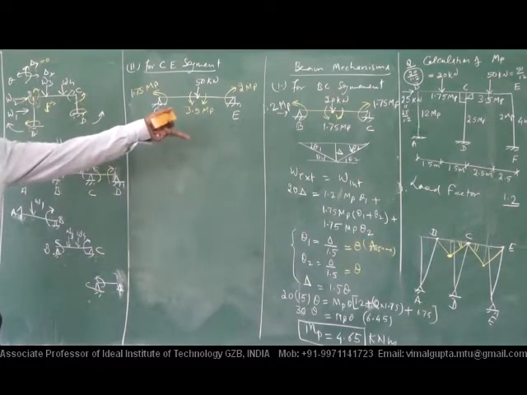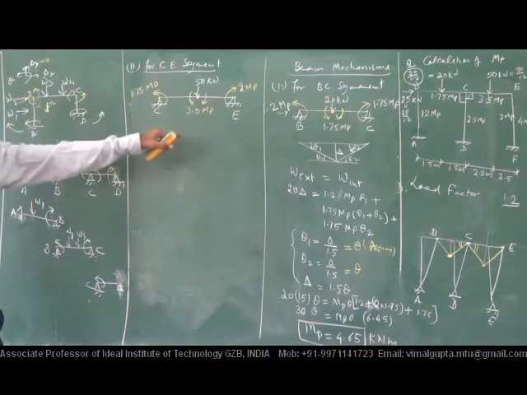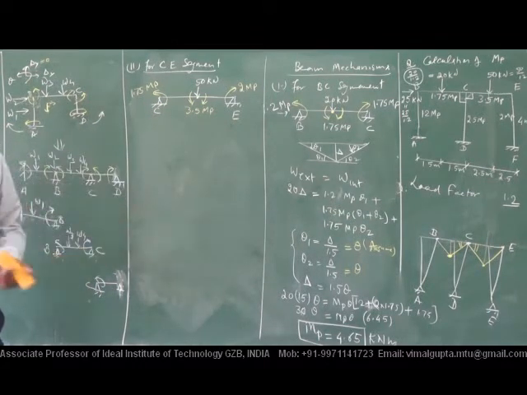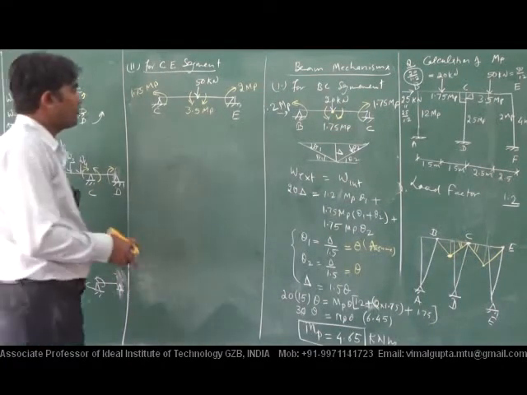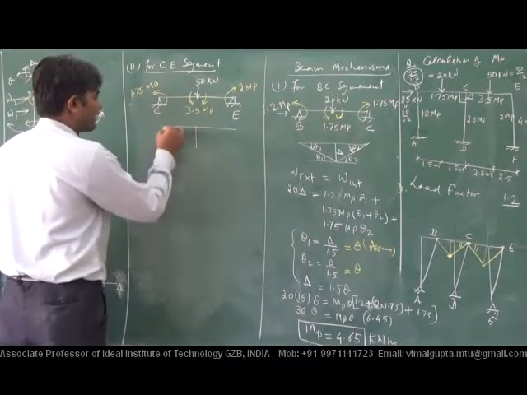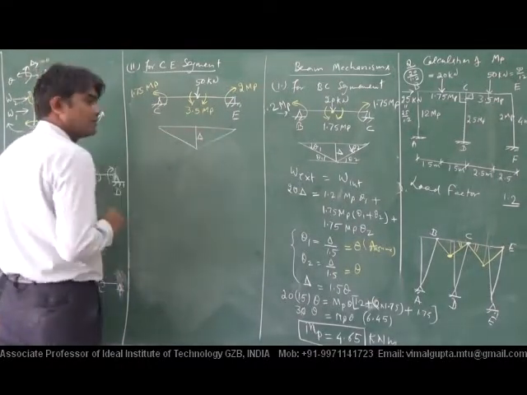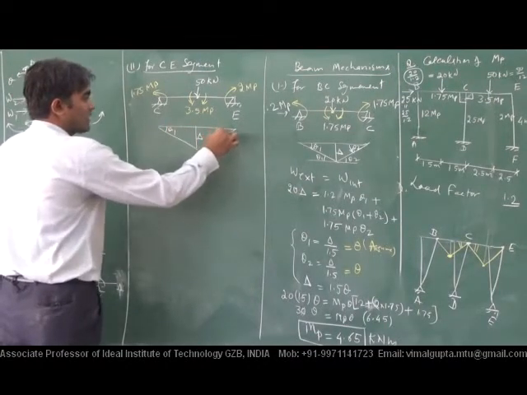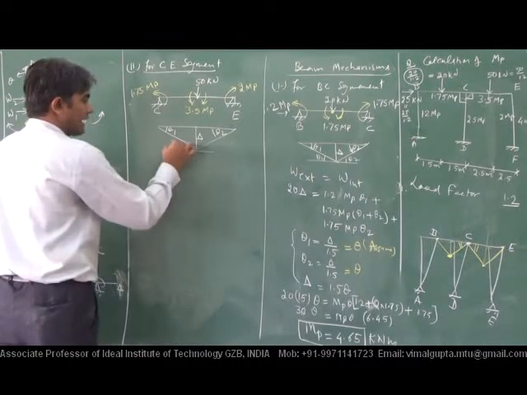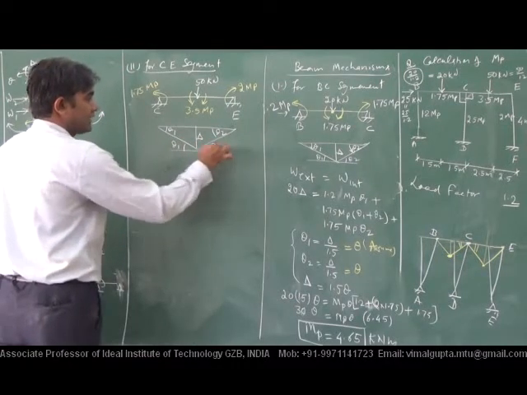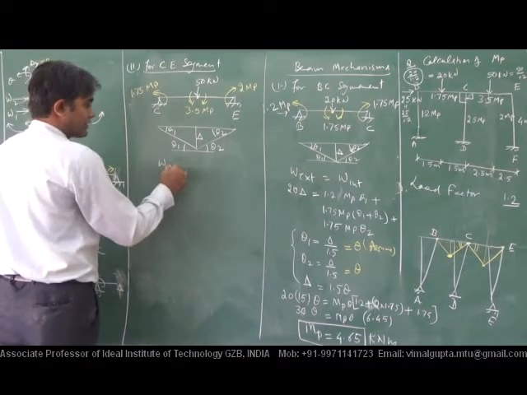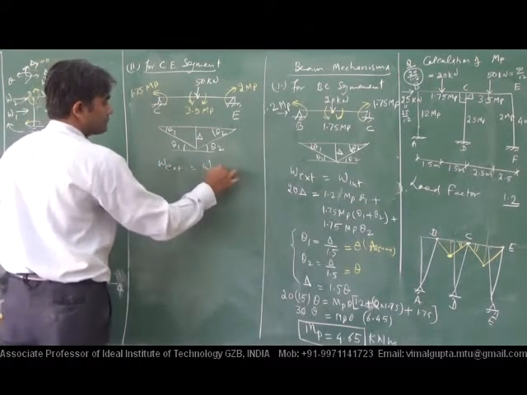After this it is very simple work. Make the deflected shape, equate W external and W internal using the principle of virtual work and find the value. So the deflected shape will have theta 1, theta 2. Using the principle of virtual work, W external equals W internal.